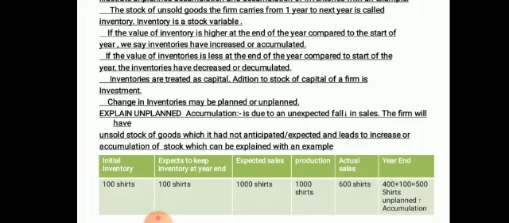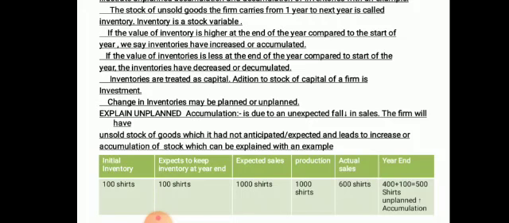But the actual sales turn out to be how much only? 600. It is expected to sell 1000, so it produces 1000 shirts, but actual sale is only 600 shirts. That is, there is an unexpected fall in the sales.